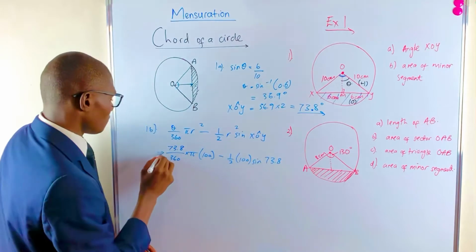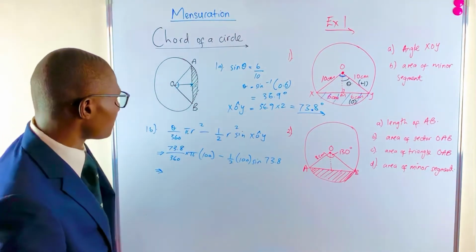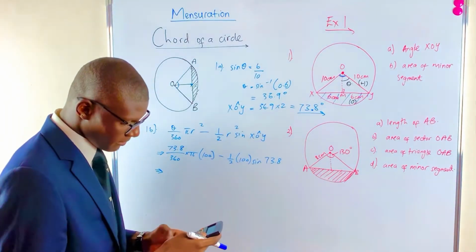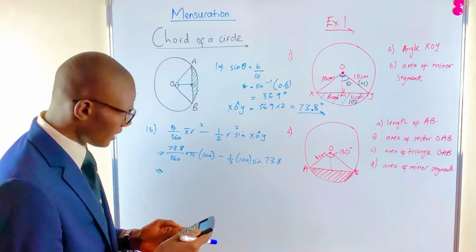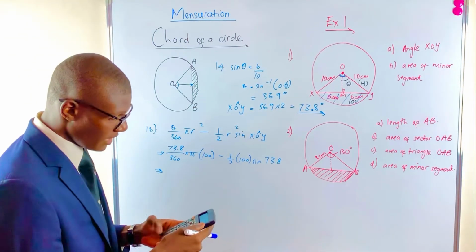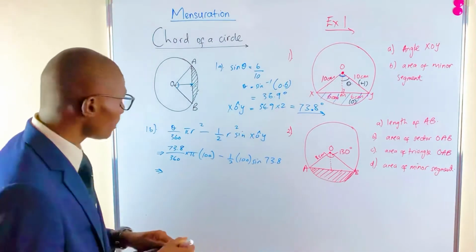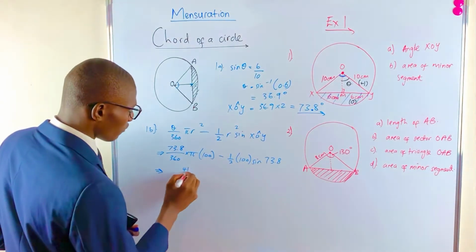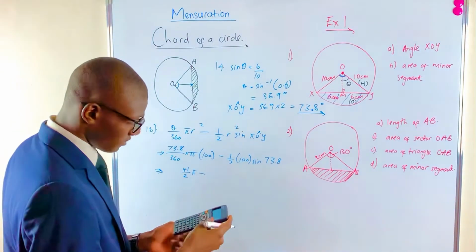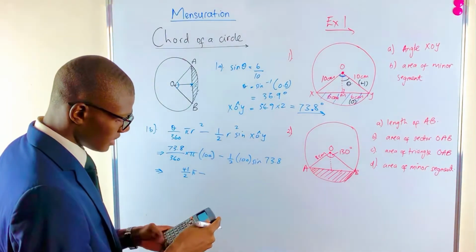So now if we calculate that, we will get an answer of 73.8 pi times 100 divided by 360. We get 41 over 2 pi, then minus 50 sine of 73.8.